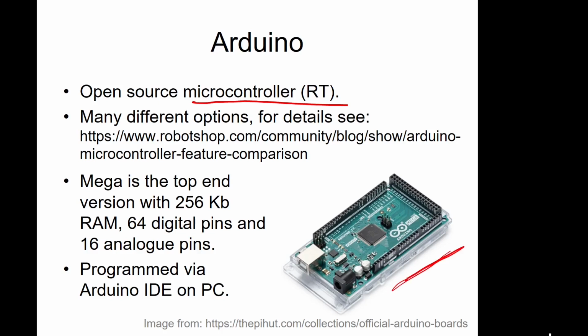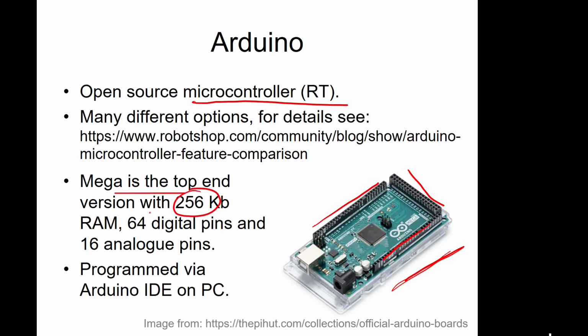The recent instrumentation and drives module used an Arduino Uno. They're all very similar. They've got the same processor, and they've got different amounts of memory and different amounts of input pins. The Mega is the top-end version, so it's got lots of input options around here. It's got 256K of memory.